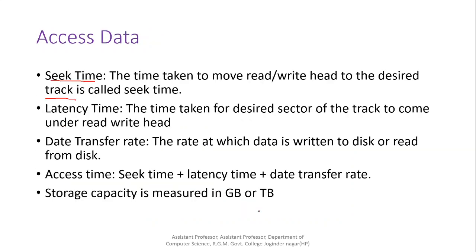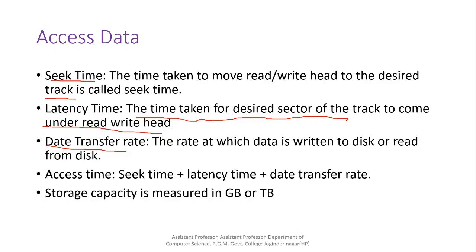Next we have latency time. The latency time is the time taken for the desired sector of the track to come under the read-write head. Next we have data transfer rate. The data transfer rate is the rate at which data is written to the disk or read from the disk.